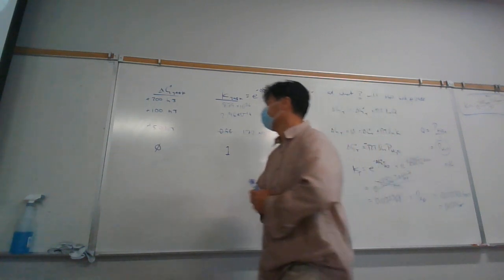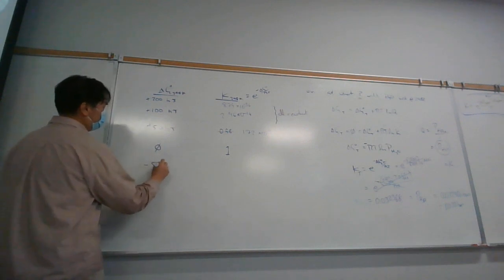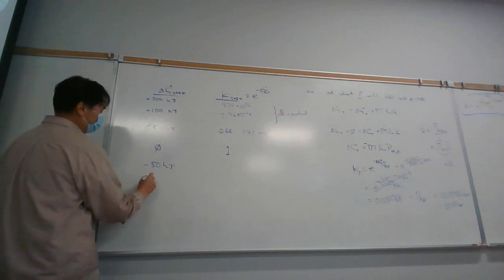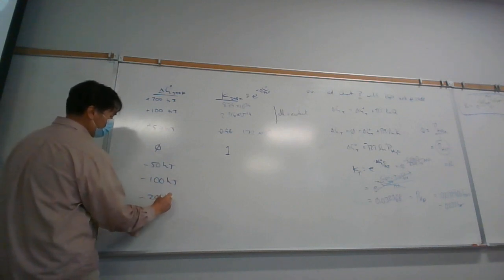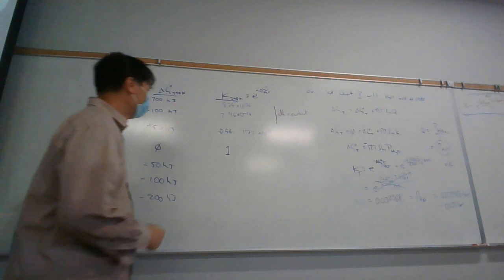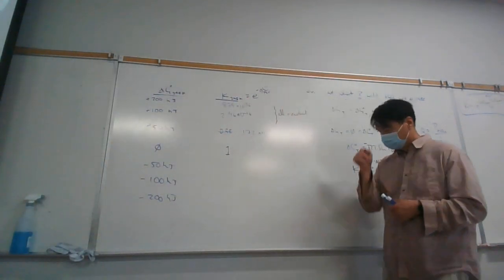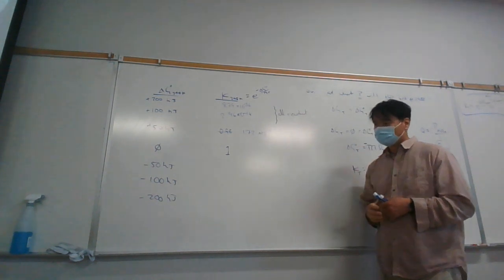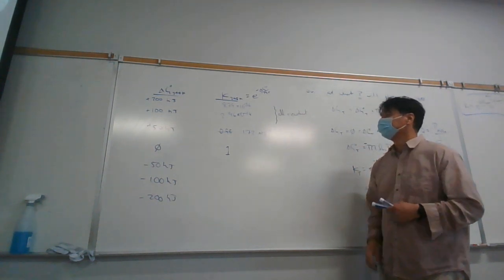And likewise, if we go negative, so if we go negative 50 kilojoules, negative 100 kilojoules, and negative 200 kilojoules, what are the numbers that we get for K? The opposite side.